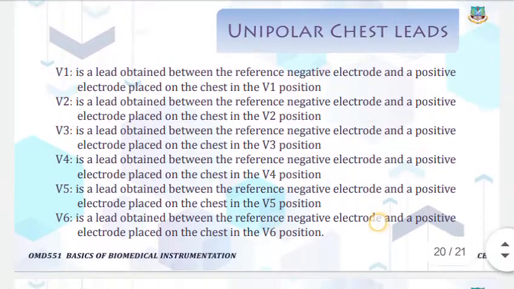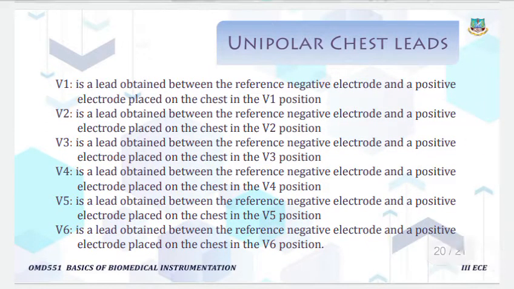Then how do we connect this? We know that normally for measuring, two electrodes are needed: one is the reference electrode and another is the normal electrode. For V1, the voltage is obtained between the reference negative electrode and the positive electrode placed on the chest in the V1 position.